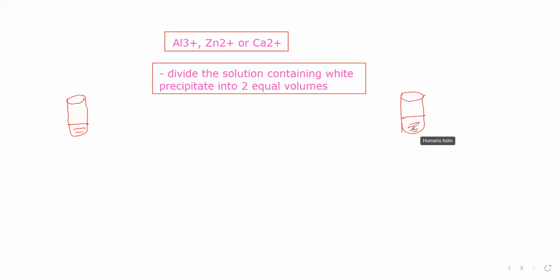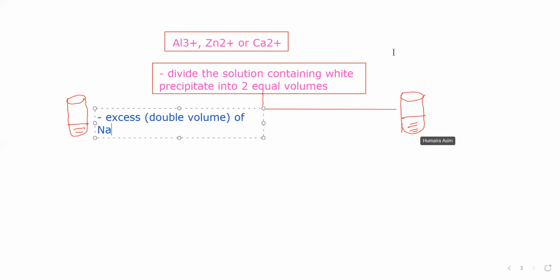So what is going to happen next? Since I have two of them, in one I am going to add, let me use different colors, an excess, or I can say double volume. Like previously, if I put 1 cm cube, as I said, a few drops, here I am going to put an excess or double volume of sodium hydroxide solution in it.